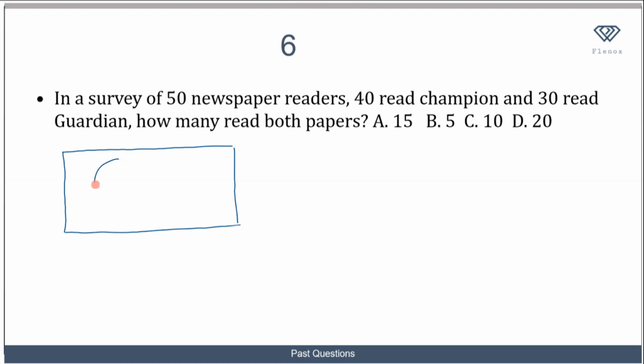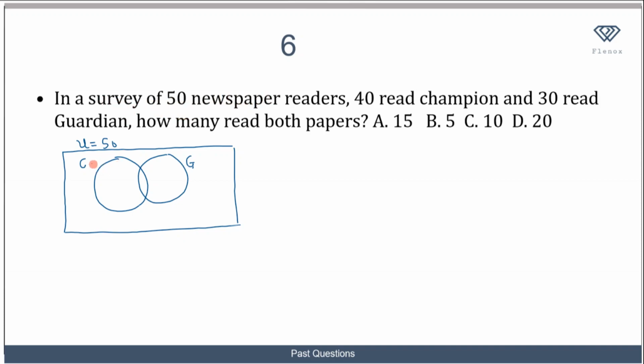So we have this and this. Let's say C represents people that read Champion and G people that read Guardian. We are told that the universal set is 50 because only 50 newspaper readers were surveyed.